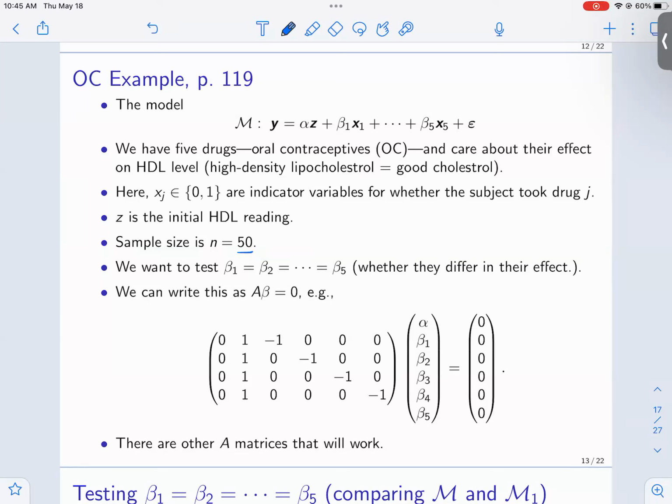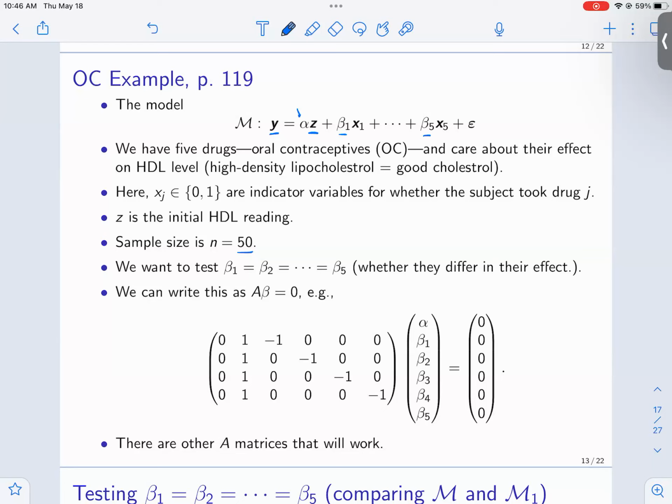So this we can model using a nice multiple linear regression problem, where y is the cholesterol level after, and z is the cholesterol level before. This is the baseline. Alpha is not the effect of the drug.